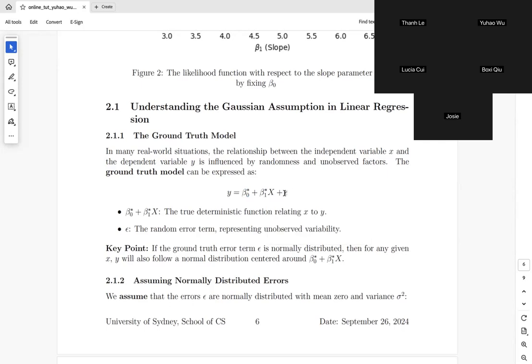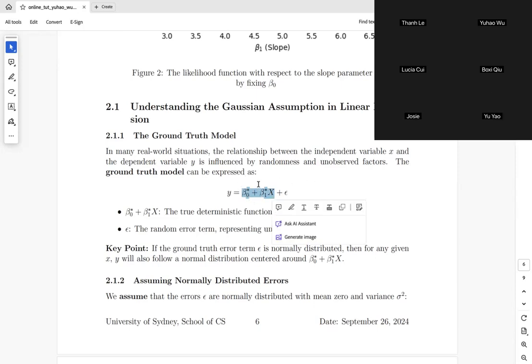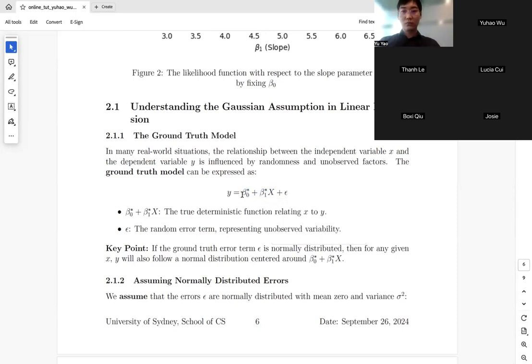So if you make an assumption about epsilon and this ground truth model is optimal, then this y also belongs to the normal distribution because this is a deterministic function. You input a value and it will return one specific value.